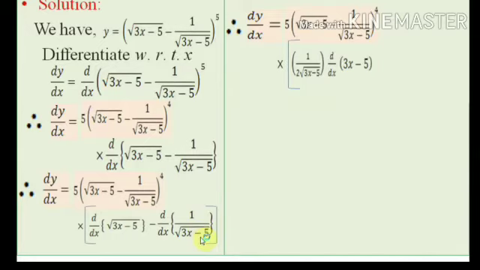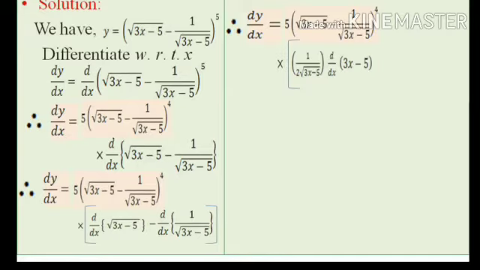Again, minus the derivative of the second function, that is 1 upon root of x, using the same formula. Root of x is taken to be x raised to 1 by 2, so 1 upon root of x is x raised to minus 1 by 2. The derivative of x raised to minus 1 by 2 is minus 1 upon 2 into x raised to 3 by 2.